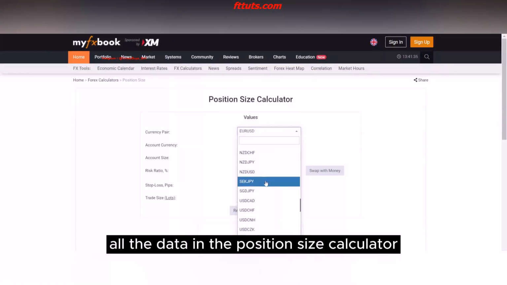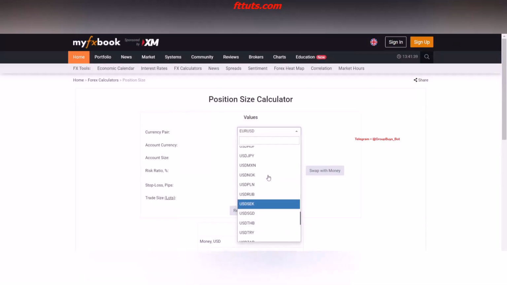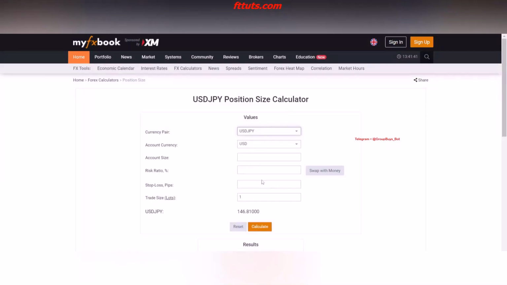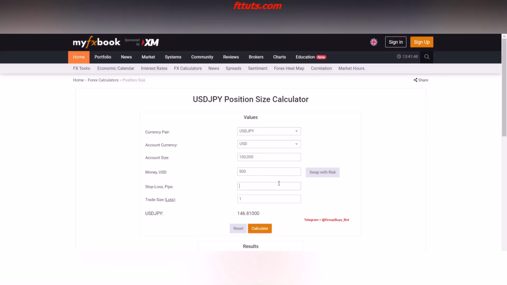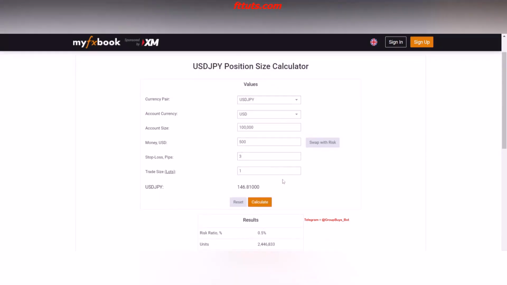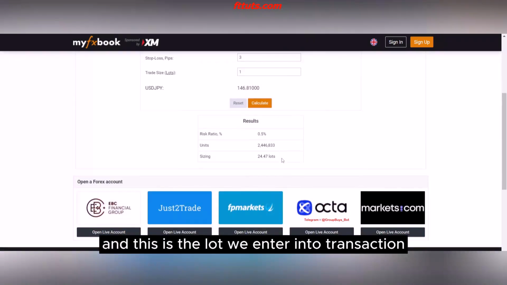Now let's place all the data in the position size calculator. And this is the lot we enter into the transaction.